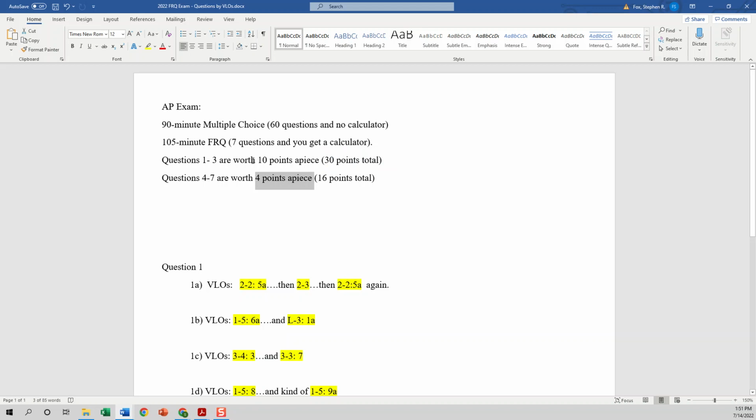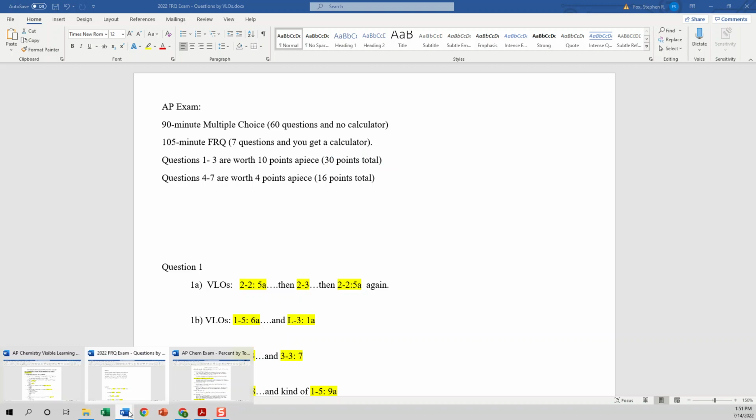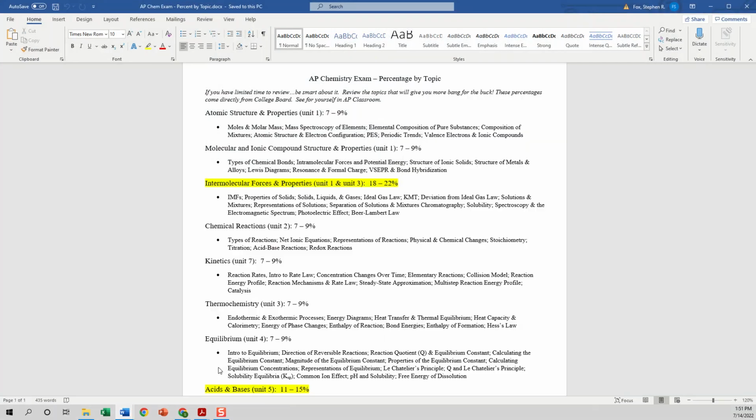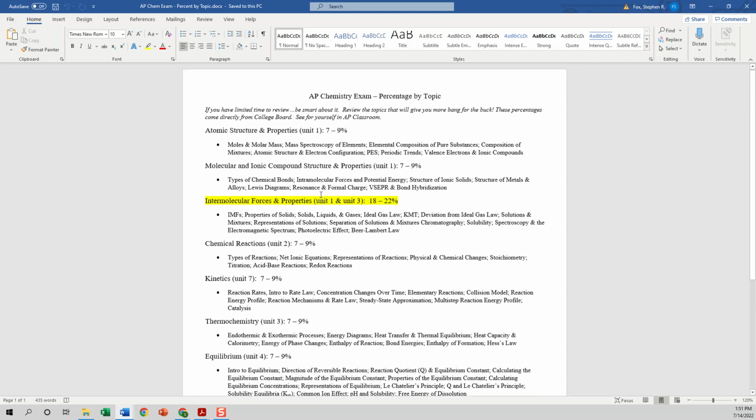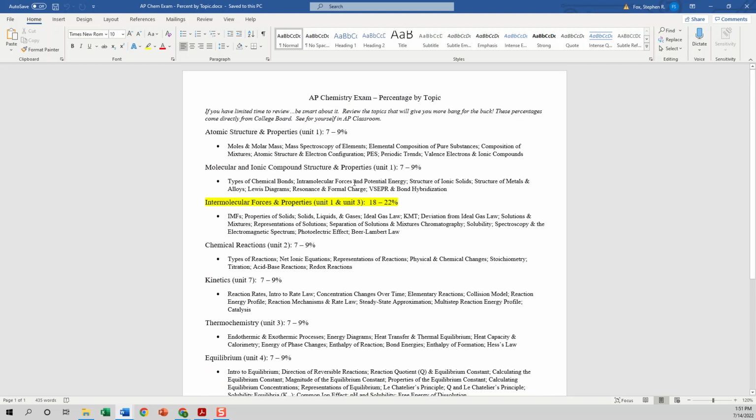That's how it's set up. As we get closer to our AP exam and you start reviewing, I'll share this with you. The way I structure our units in AP Chemistry is different than the way College Board does. College Board has it separated into 9 different units.